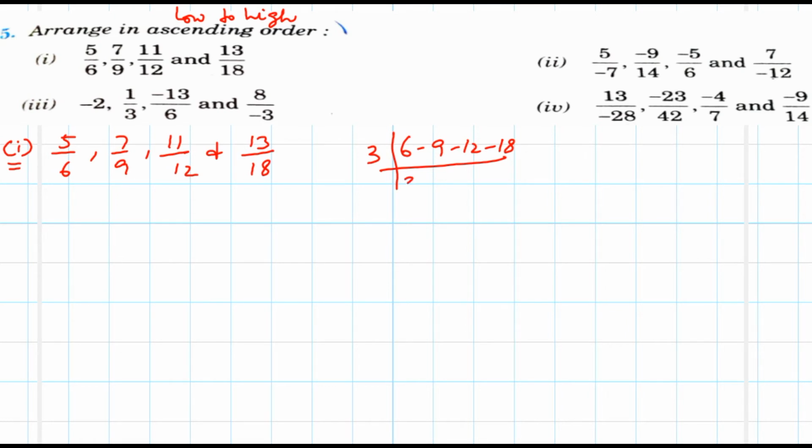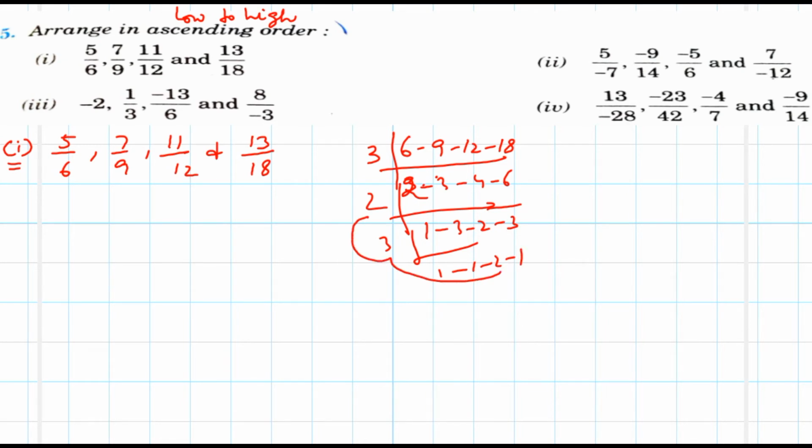3 times 3 is 9, 3 times 2 is 6, 3 times 3 is 9, 3 times 4 is 12, 3 times 6 is 18. Again 2 times 1 is 3. So from here 3 times 2 is 6, 2 times 6 is 12, 3 times 12 is 36.